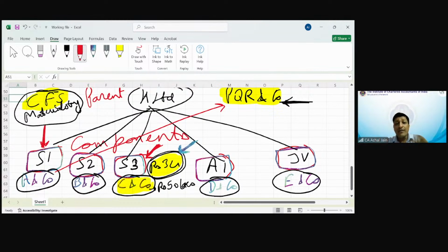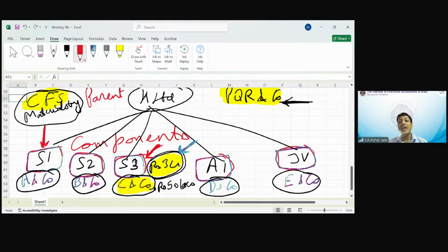A&E company will not give this audit report to S1 or to H Limited. That will be sent to PQR and company. Of course, the fees and appointment and all of those things would have been covered by the management. But the group audit report goes from the component to the group auditor or the parent.